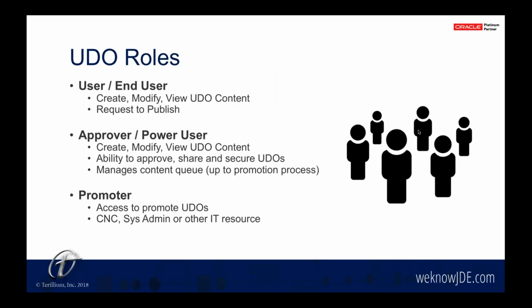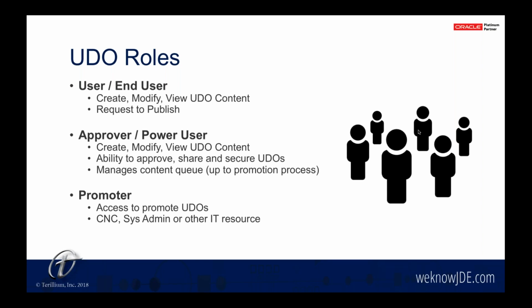This is sort of a recommended breakdown of the different roles that you might need to consider. Your end user, you can specify whether they can create, modify, and then of course view any of the user-defined objects content. And then anything they can create or modify, they will have the ability to request to publish, which is a request that allows you to share that UDO with other roles or other users.